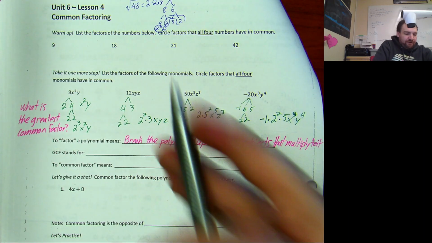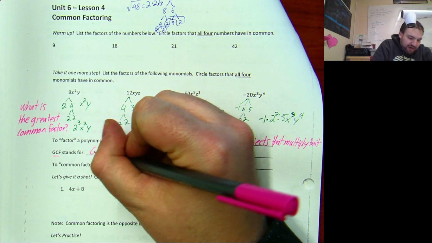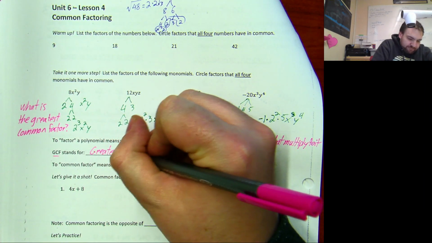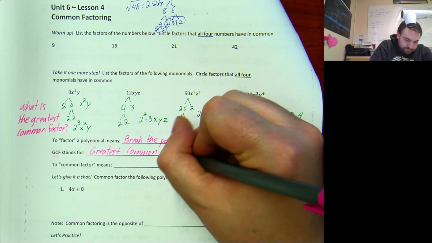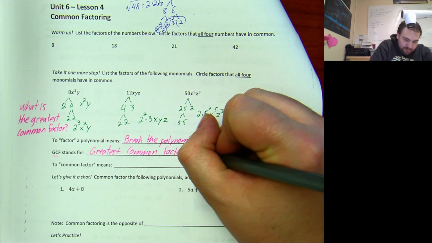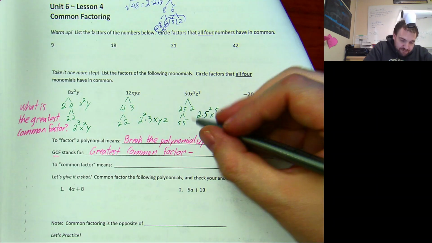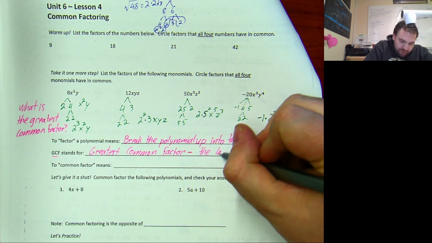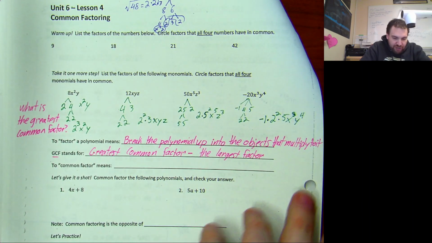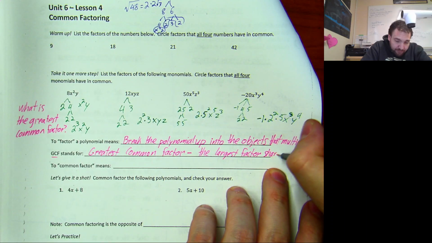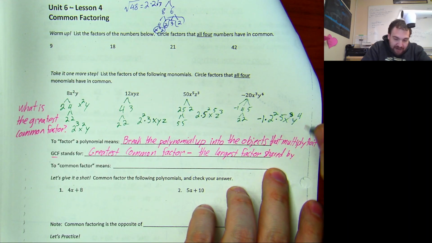So GCF here stands for the greatest common factor, which is the largest factor shared by several polynomials.